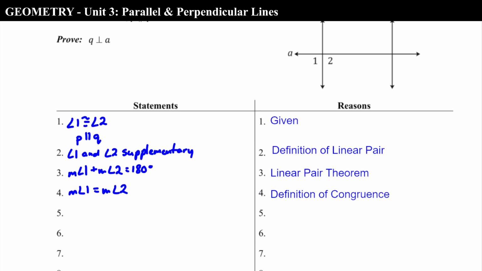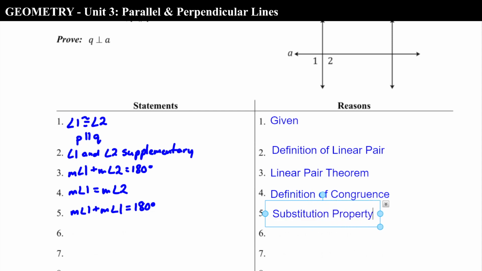Now, we know we can substitute in angle 1 for angle 2, so we can say the measure of angle 1 plus the measure of angle 1 equals 180 degrees. And that's the substitution property. And we know we can combine the like terms, so we have 2 times the measure of angle 1.